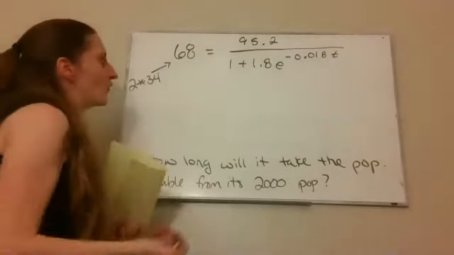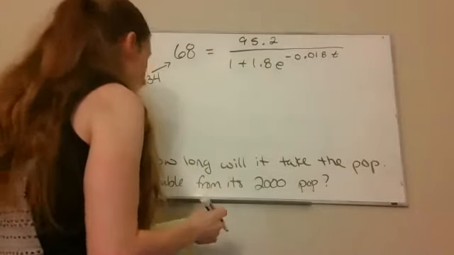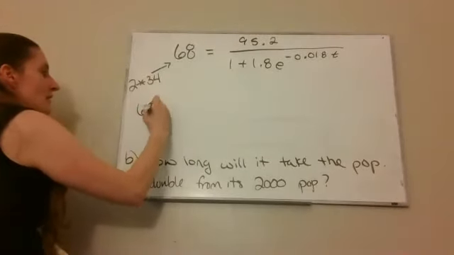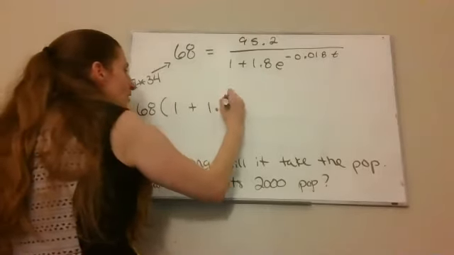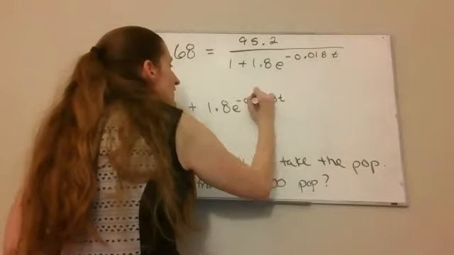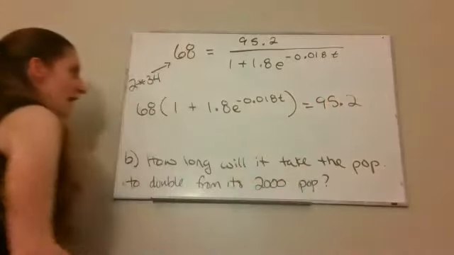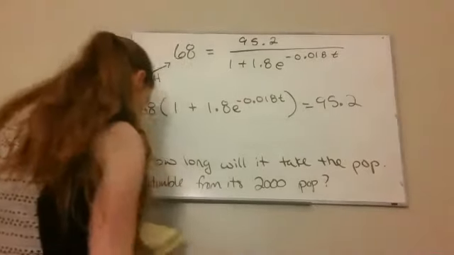So I have to solve this for t to figure out when this occurs. To do that, I'm going to multiply both sides by the denominator. So I get 68 times that denominator equals 95.2. And rather than distributing, I'm just going to divide both sides by 68.